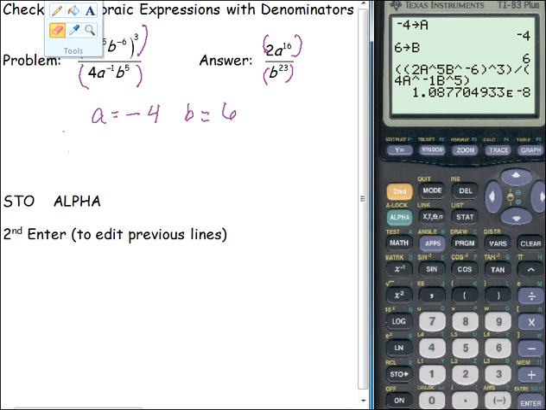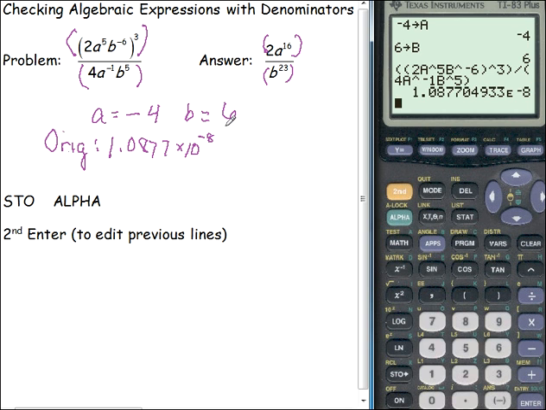The original, because you have basically the original and then the simplified version, which is your answer. So the original is 1.08, I'll go out about 4 places, 77, E, which is times 10 to the negative 8.